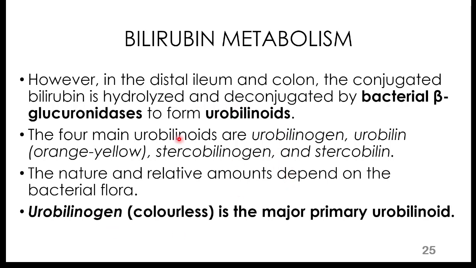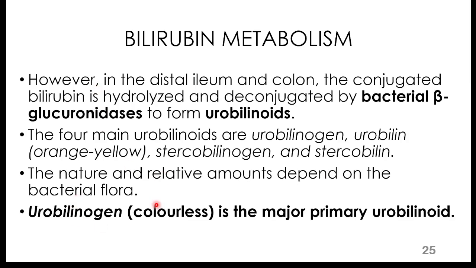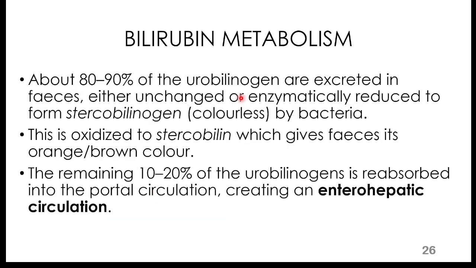Urobilinogen is the major primary urobilinoid, and it is colorless. But urobilin is orange-yellow. Stercobilinogen is also colorless, but stercobilin gives stool its yellowish-brown color. Now, 80 to 90% of this urobilinogen is excreted in feces, either unchanged or reduced to stercobilinogen, which is colorless.